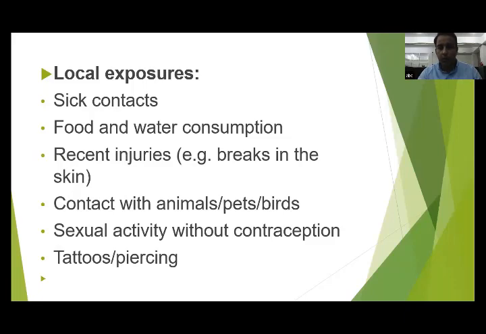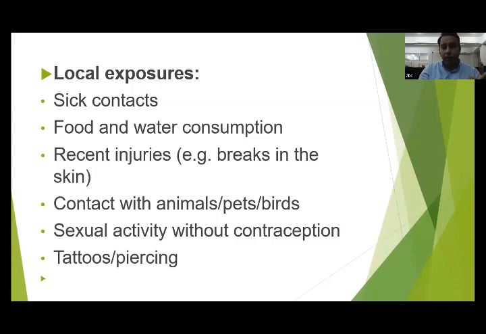Recent injuries: you may find a history of a recent injury of the leg. There is a small ulcer there, but the underlying bone is involved and the patient has osteomyelitis, presenting with fever for 4 weeks. So recent injuries are always important.